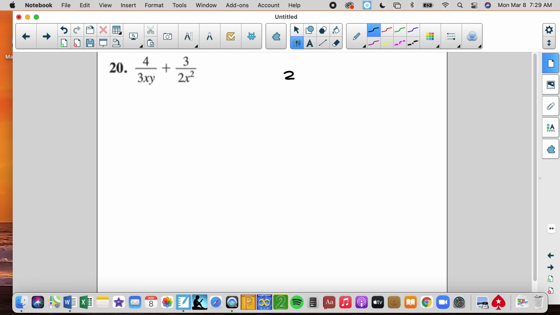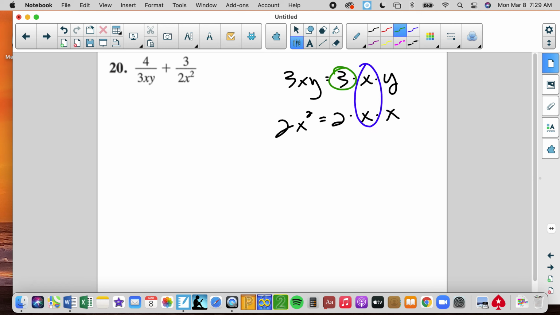So we have 3xy, which equals 3 times x times y. We have 2x squared, which equals 2 times x times x. They have an x in common. Everything else is a leftover.